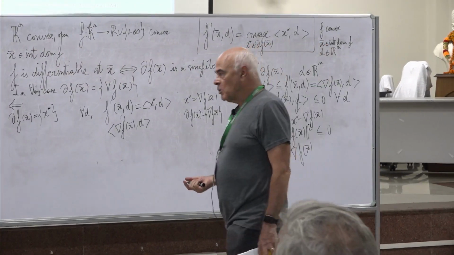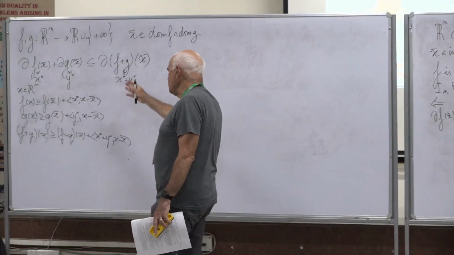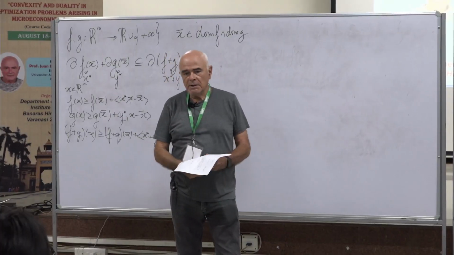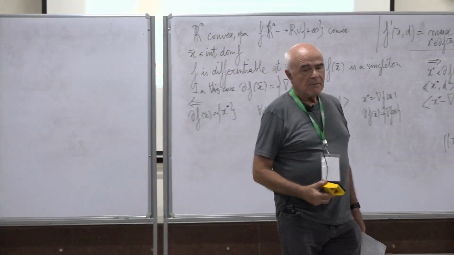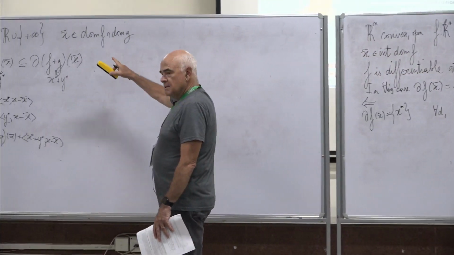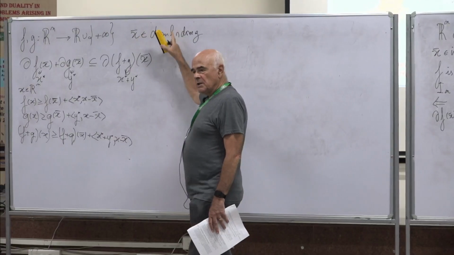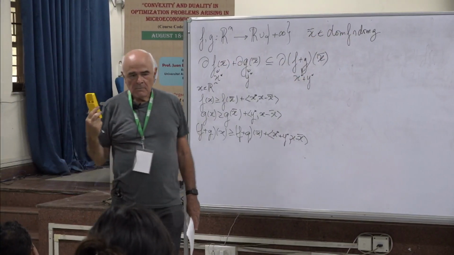We have to find a decomposition. This is not such a simple algebraic exercise as here. We have to find the decomposition. And this decomposition does not always exist. But it exists when x does not only belong to the intersection of the domains, but also to the interior of the domains.